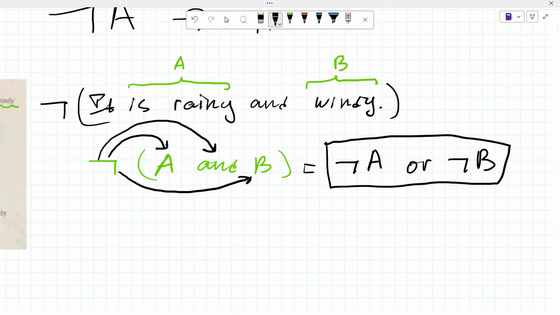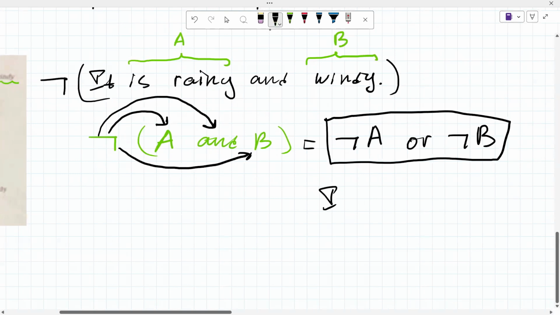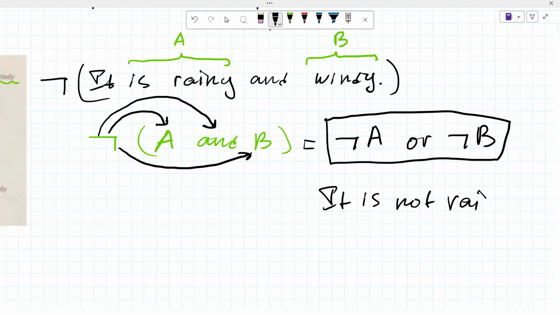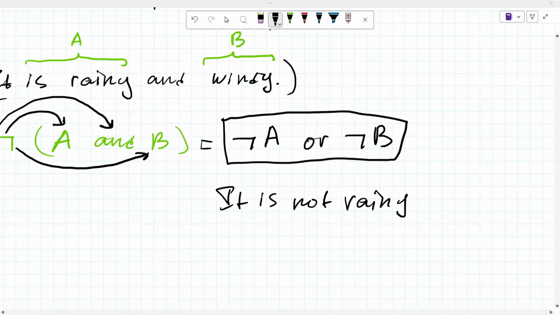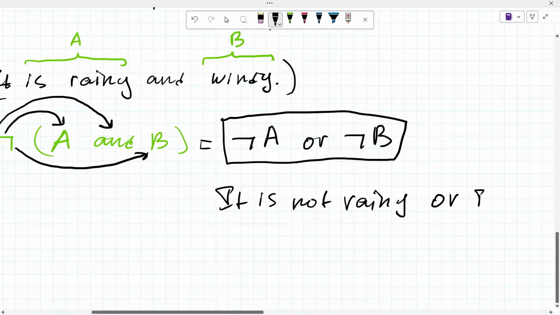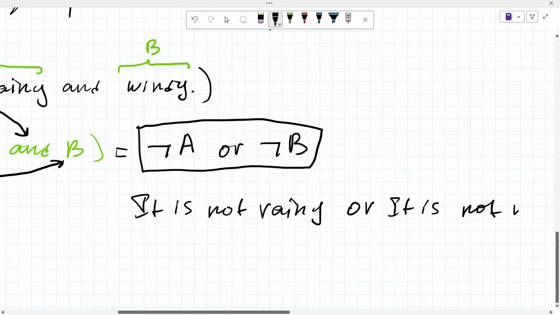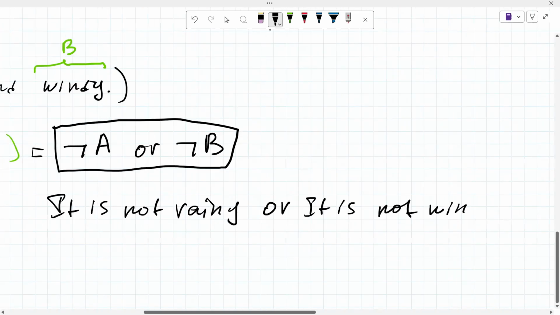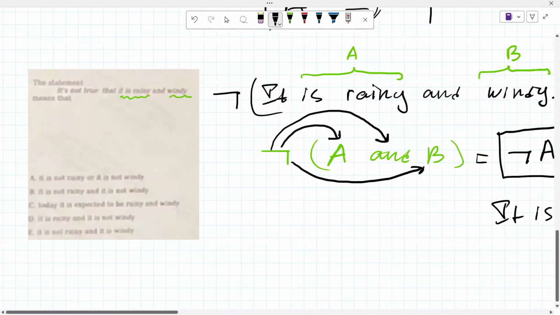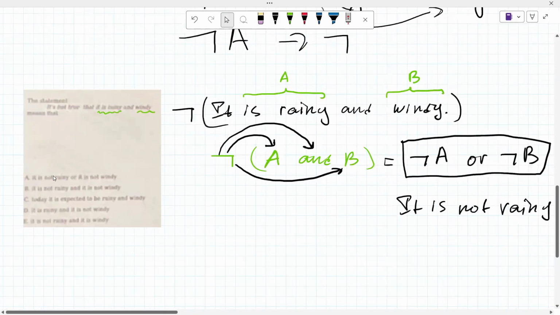And if A was it is rainy, not A is it is not rainy, or it is not windy. So this is our final answer, and let's search. We have something like this: it is not rainy or it is not windy. In this case, A is the right answer.